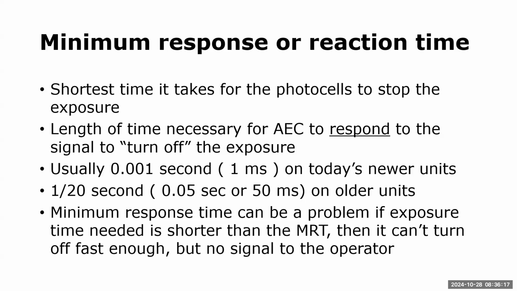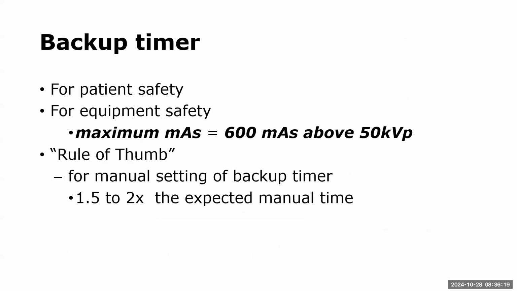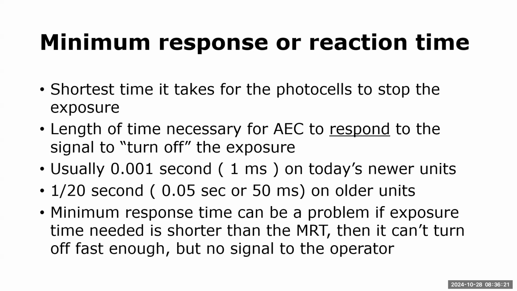Sorry. So what this is saying is, let's say we have an older piece of equipment and the quickest that it can cut off is 50 milliseconds. But let's say we're doing a little elderly patient, and really and truly, it would only need to be on for, say, 20 milliseconds.